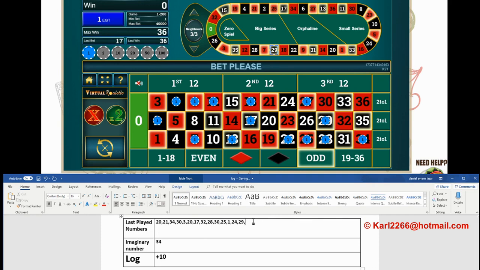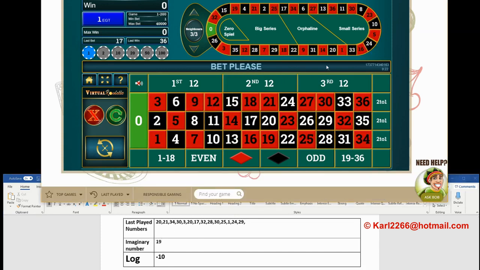So what we do now when we got number 29 and plus 10. With 29 we cannot make plus, so we make minus because we don't have 39 on the table. So that means we got a new imaginary number, which is number 19.